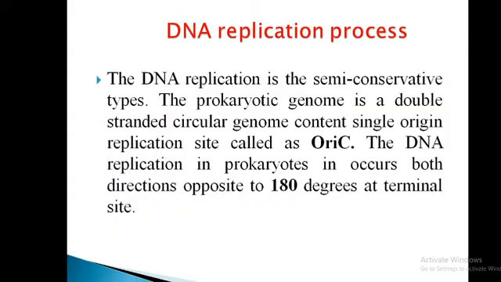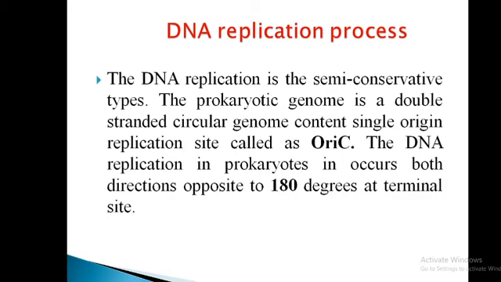DNA replication process. The DNA replication is a semi-conservative type. The prokaryotic genome is double-stranded circular, containing a single origin of replication called the oriC site. The DNA replication in prokaryotes occurs in both directions, meeting at 180 degrees at the terminal end.